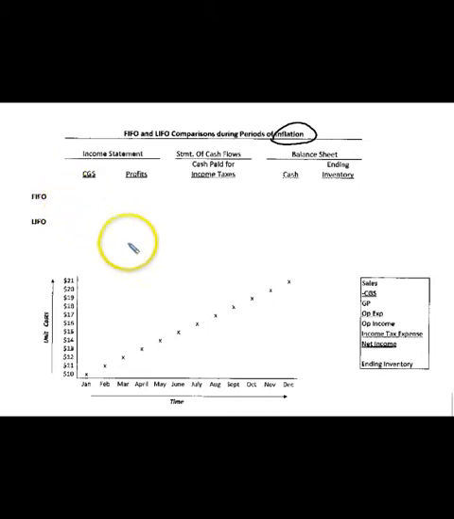Well, under FIFO, first in, first out, cost of goods sold will be these earlier costs, right, down here. So cost of goods sold will be lower under FIFO. But ending inventory, right, we might assume these are the goods sold and these are the goods that didn't get sold. So ending inventory is going to be higher under FIFO.